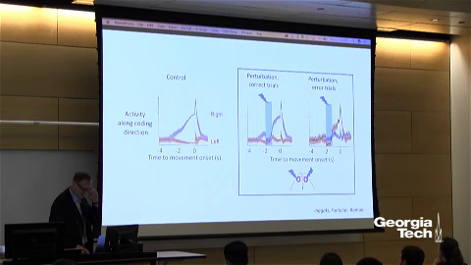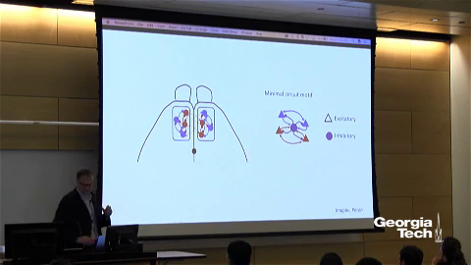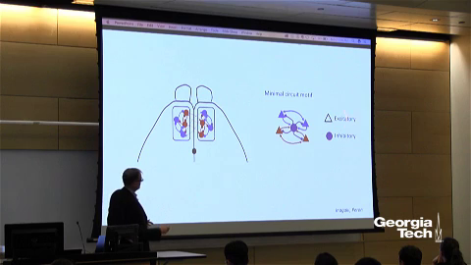And we have an idea of what the basic circuit motif looks like, based on analysis of connectivity.